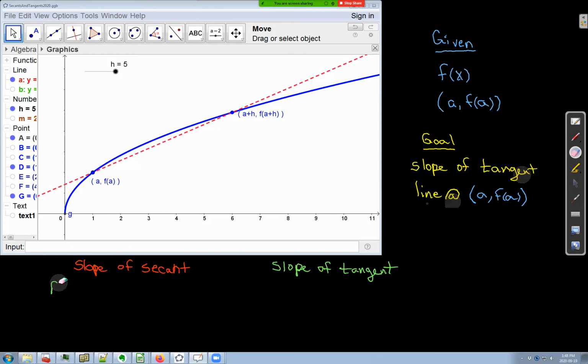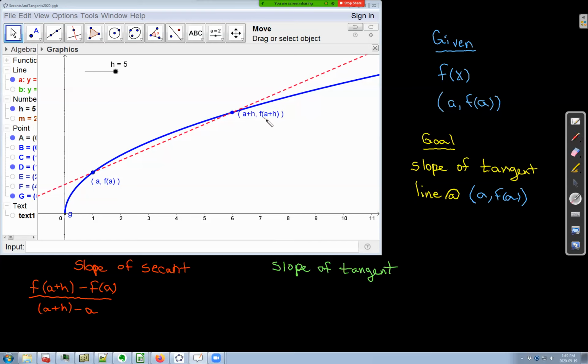The slope of a line is the change in y divided by the change in x. So the slope of the secant line is f of a plus h minus f of a, divided by a plus h minus a. Let me go over that for you.